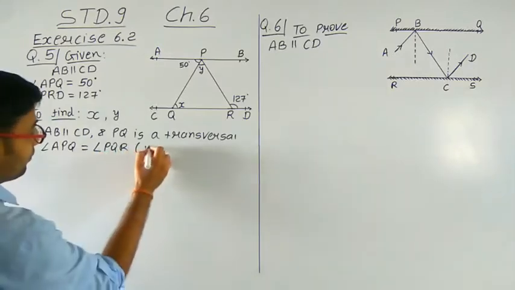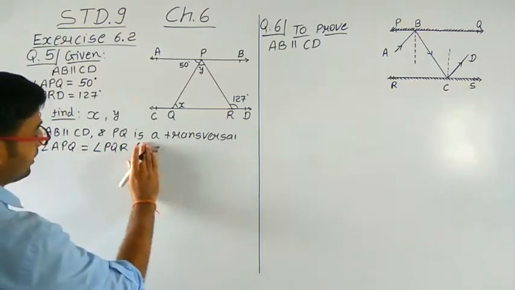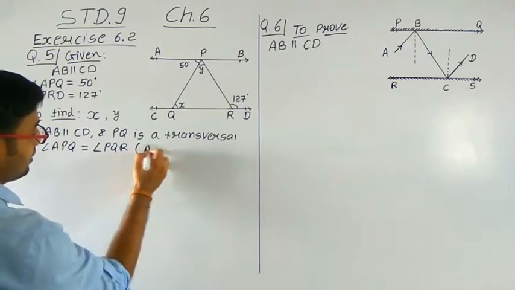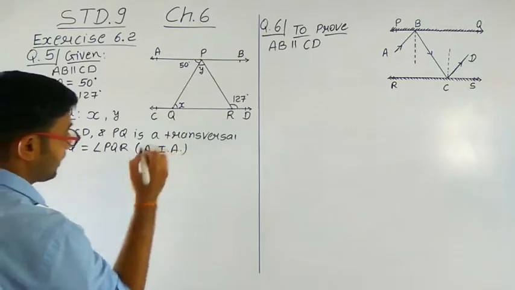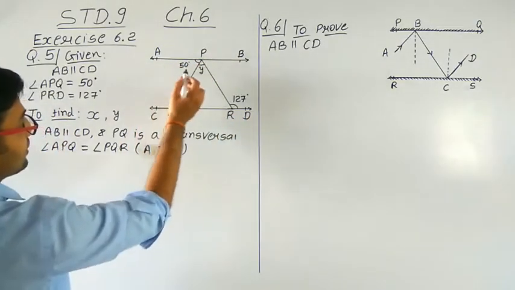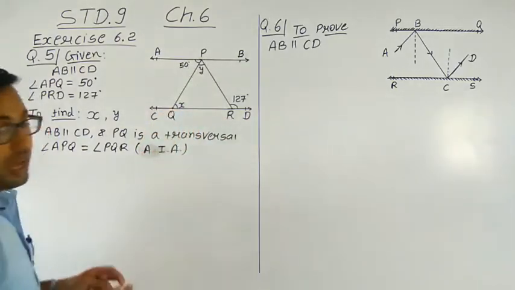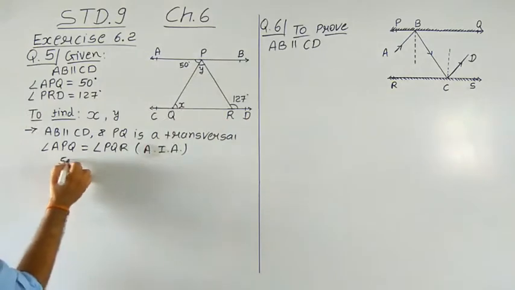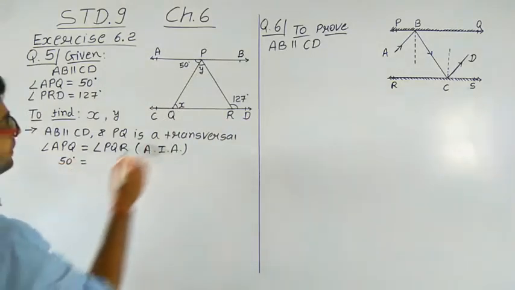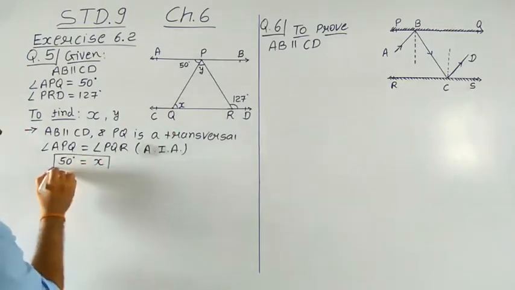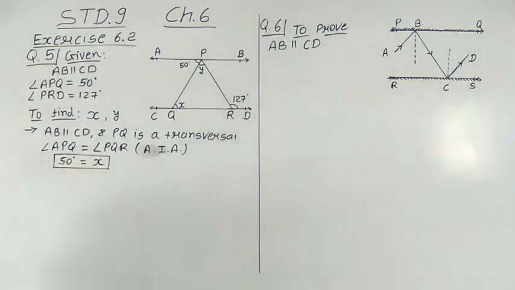Why? Because of alternate interior angles. These two angles are alternate interior angles, right? Because the Z is formed here. So this angle and this x both are equal. So APQ is 50, and PQR is x, and therefore we get the value of x equals 50.